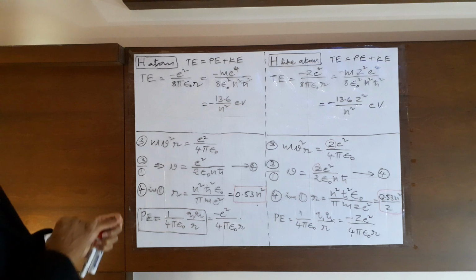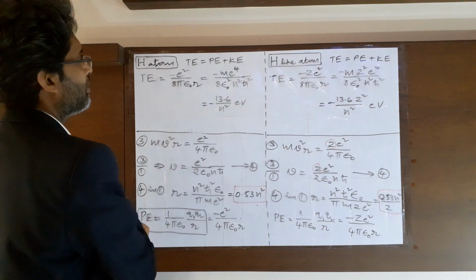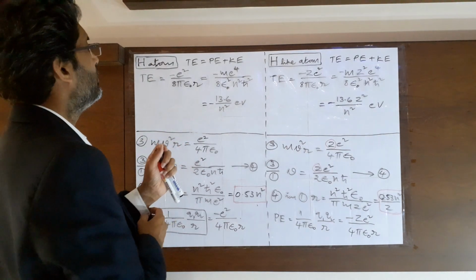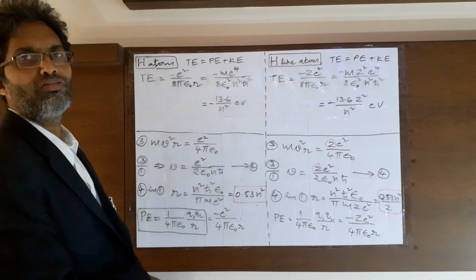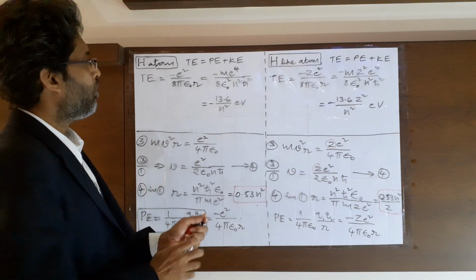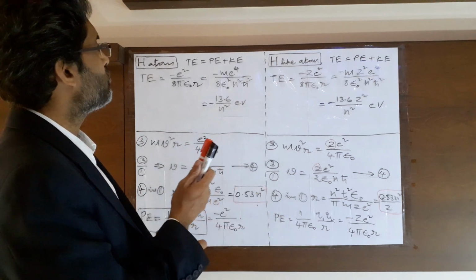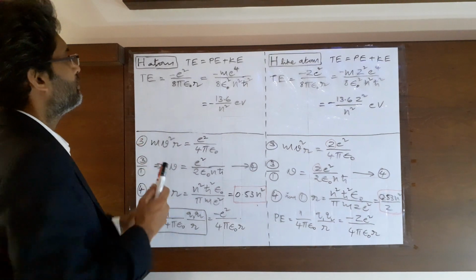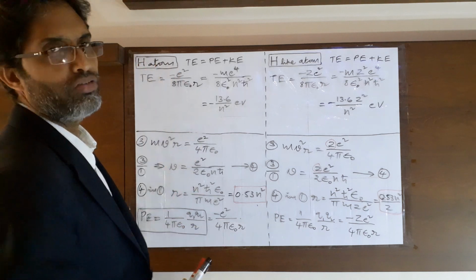Now, if I add, I get minus e square by 8 pi epsilon naught r. That also indicates, the negative total energy indicates there is a bondage, right? If you make the total energy negative, we are finding the bondage between nucleus and electron. If it is possible to make the total energy positive, that electron won't stay in the vicinity of the nucleus, right?